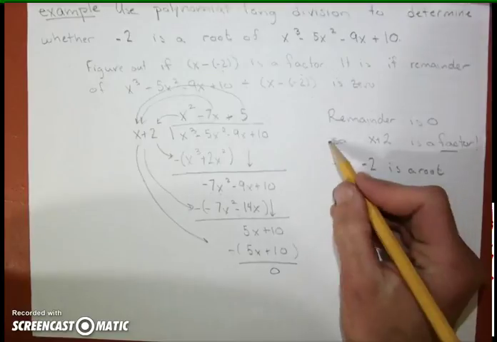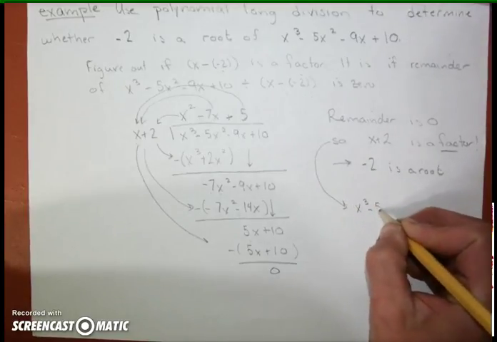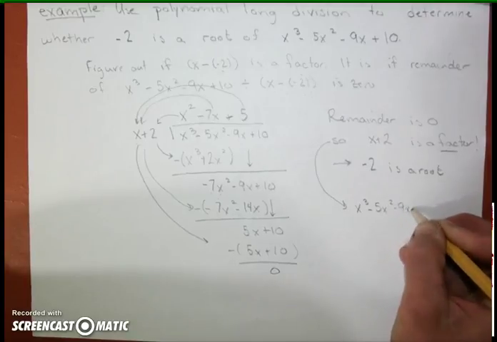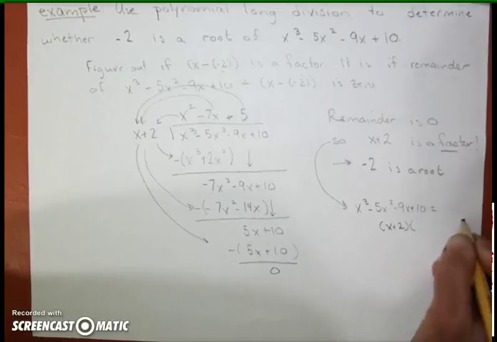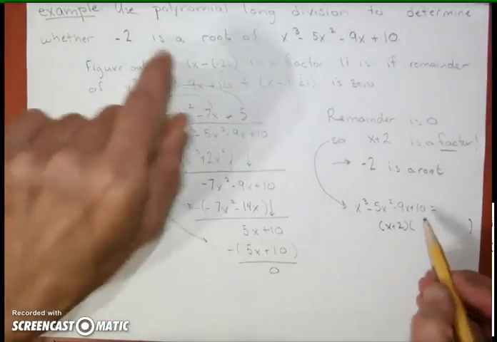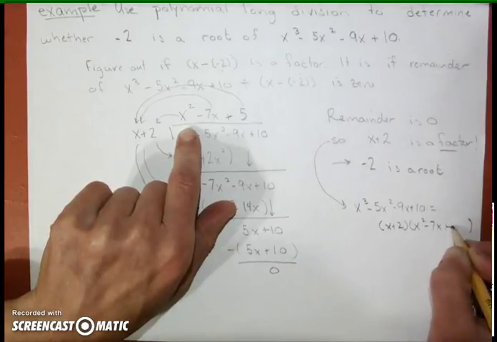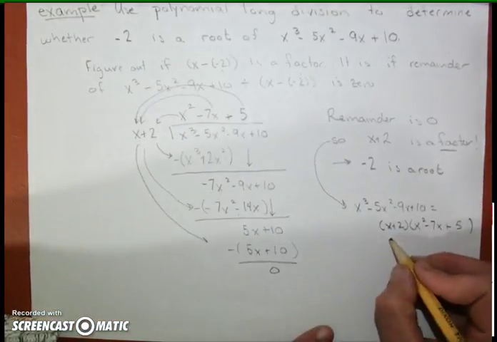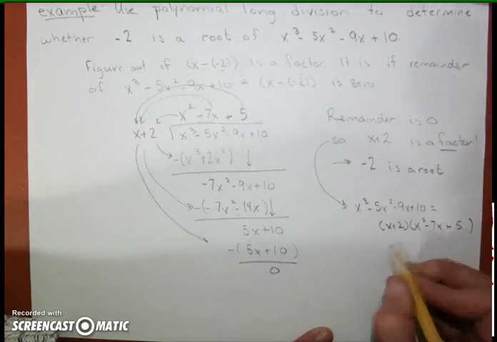So the fact that it's a factor says we can write x cubed minus 5x squared minus 9x plus 10 as x plus 2 times something with no remainder. We figured out what that something is. It's x squared minus 7x plus 5. So the fact that there's no remainder means x plus 2 is a factor.